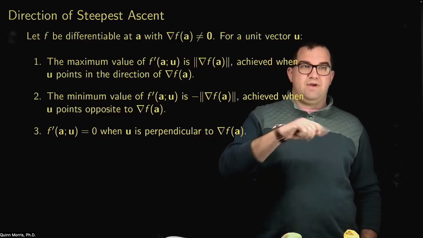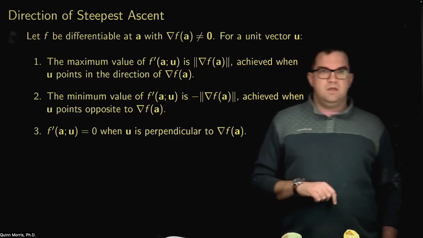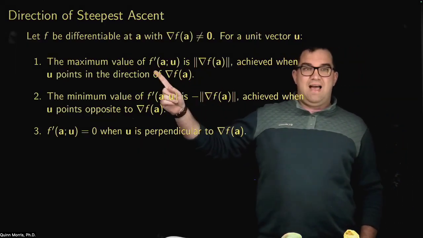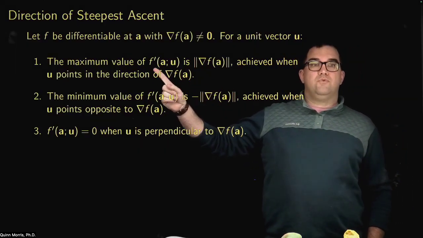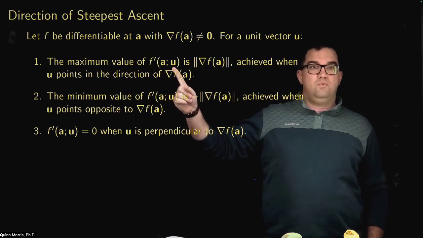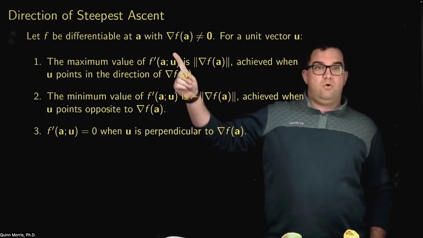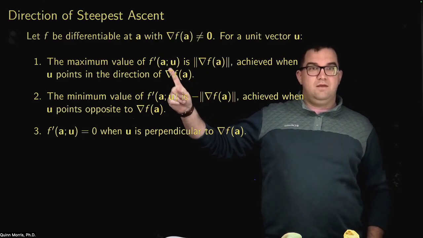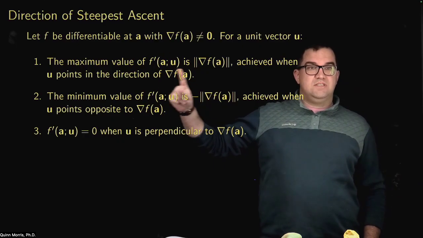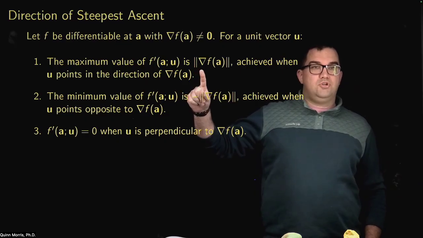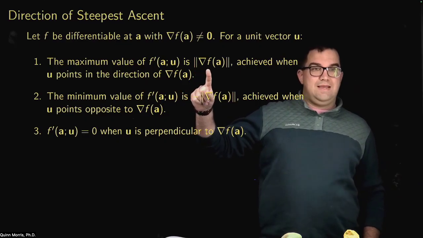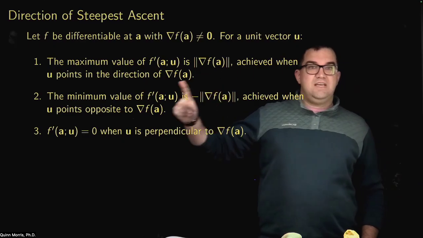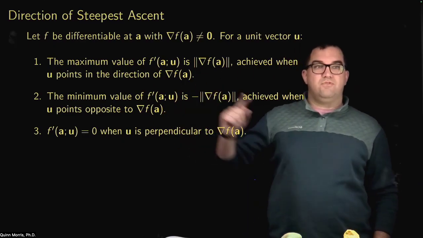So it's pointing in some direction. Then the maximum value of the derivative of f at a with respect to u, over all directions u that you might take the derivative in, is equal to the norm of the gradient, and it's achieved when u points in the direction of the gradient.